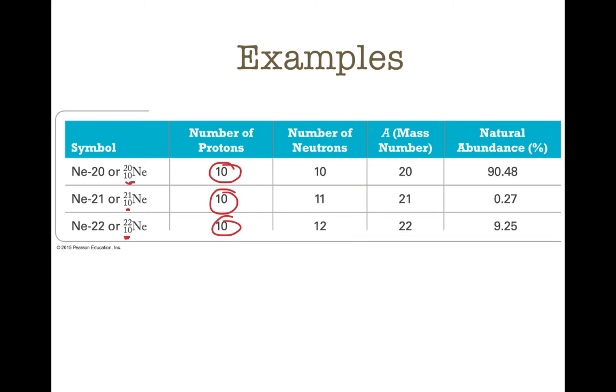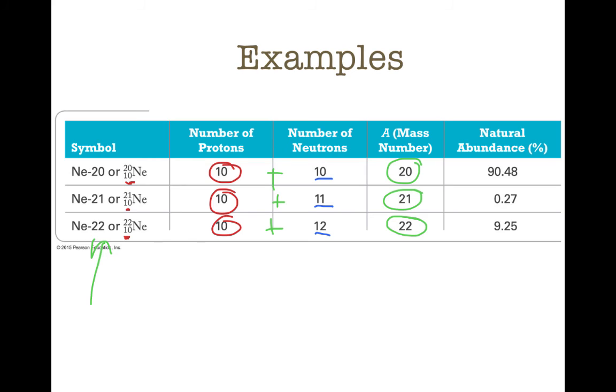We have 10 in neon-20, 11 in neon-21, and 12 in neon-22. And those sums, of course, if we add them, 10 plus 10 is 20, 10 plus 11 is 21, and 10 plus 12 is 22. And so that's where we get our different isotope values. So neon-20, neon-21, neon-22.